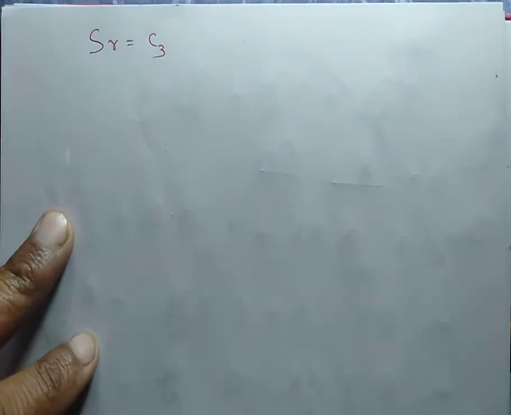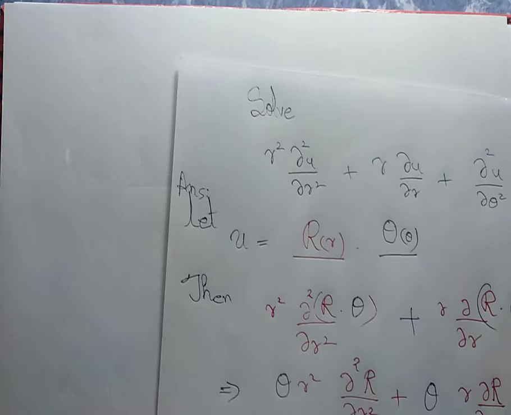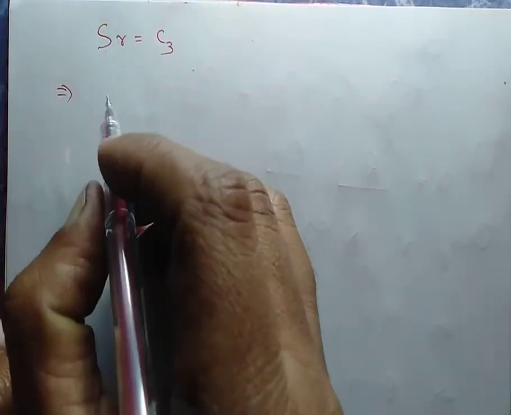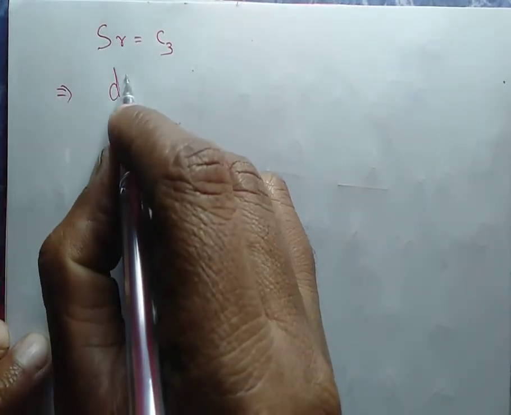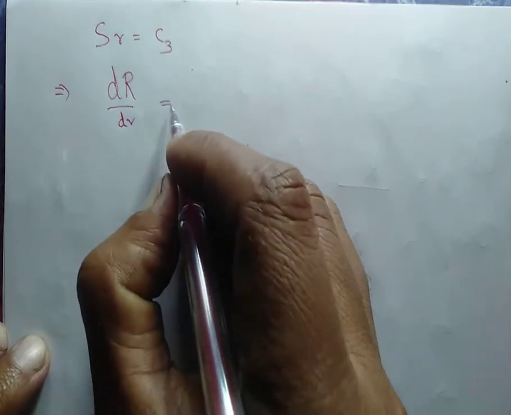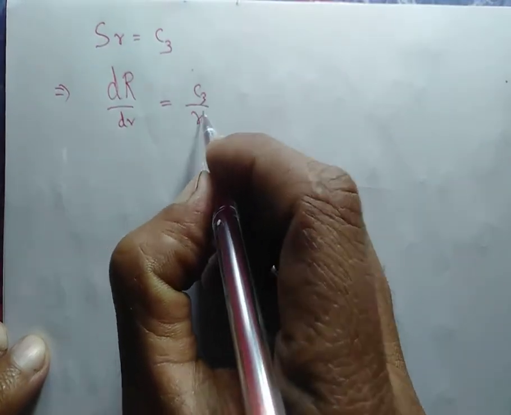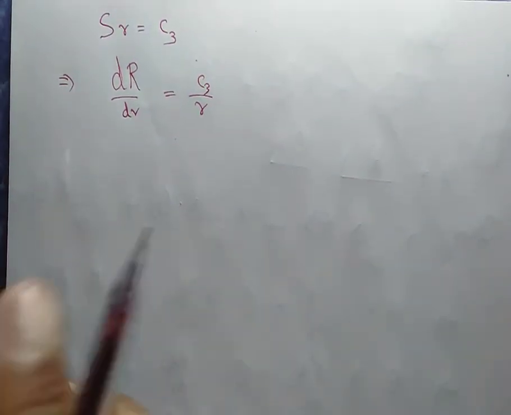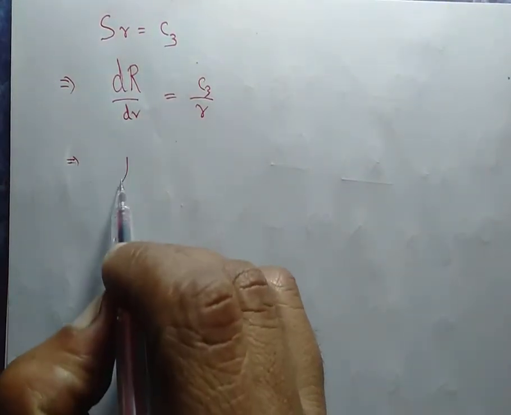Did I copy correctly? s into r equal to c3, yes. And your s is the derivative of r with respect to r, and so you just need to integrate it.